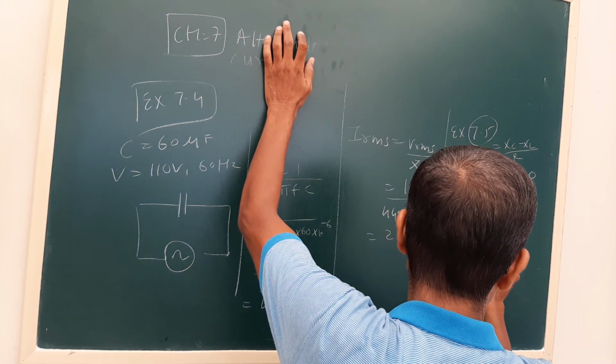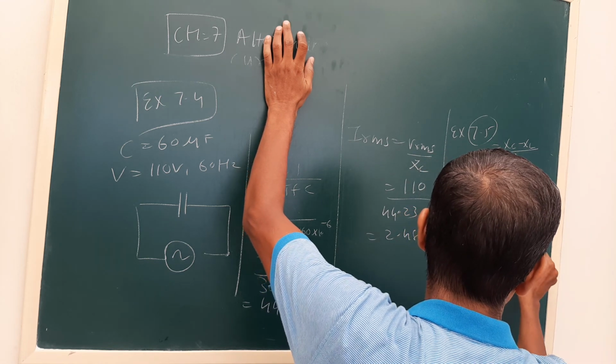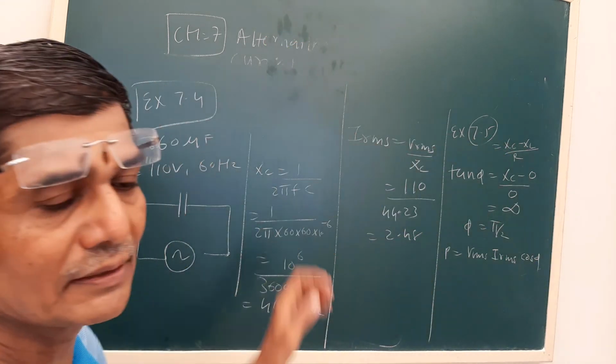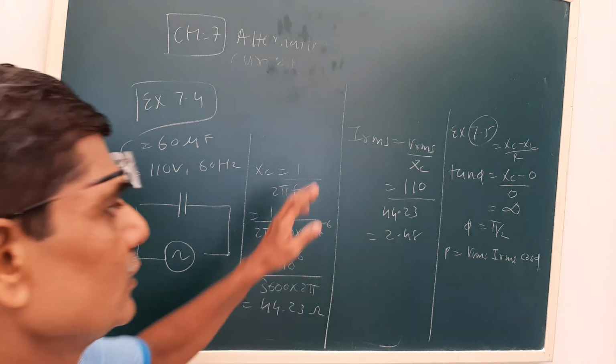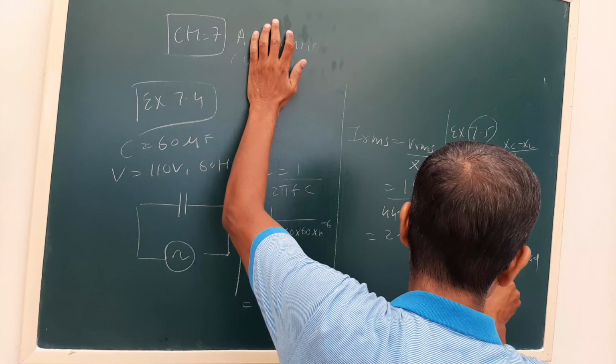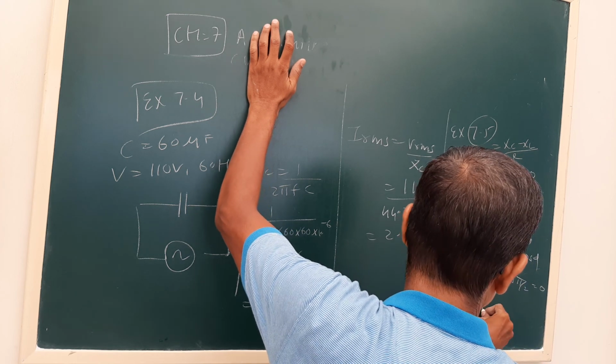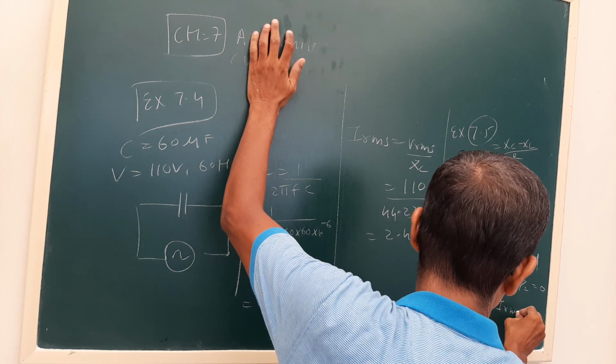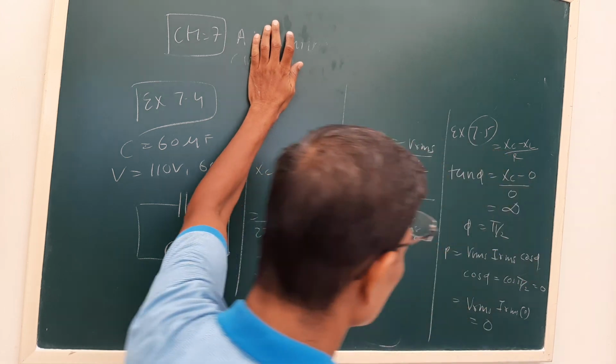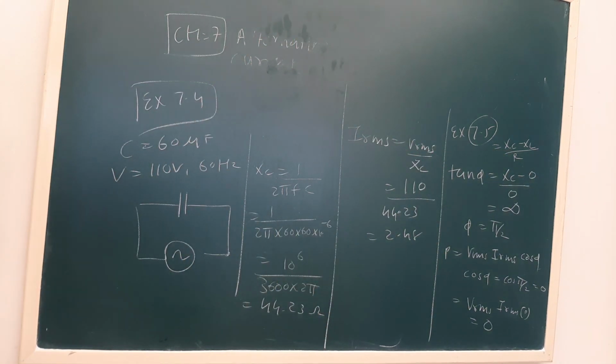Power is VRMS, IRMS cos phi. The formula for power in the circuit we know very well. So here cos phi, cos pi by 2, is 0. So in the circuit with only a capacitor, the power value is 0.